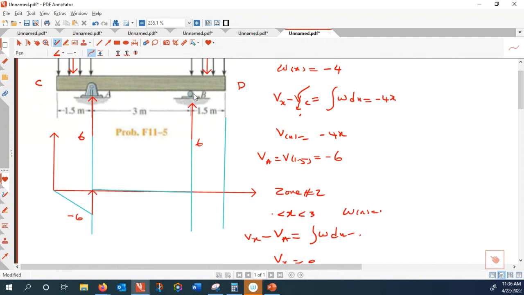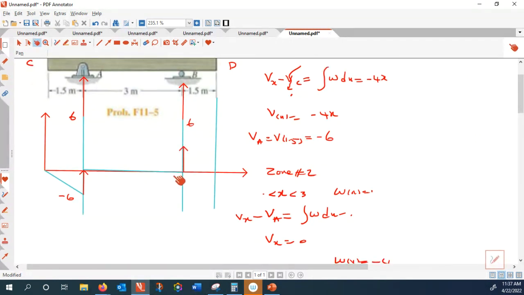So I want you to understand this clearly. How come this V is equal to +6? I'm claiming that V of B here is 6. Why is that? Because we are talking about zone 3, not zone 2. In zone 2, yes, V was 0, but in zone 3, because of that discontinuity, the 0 is pushed up to 6.